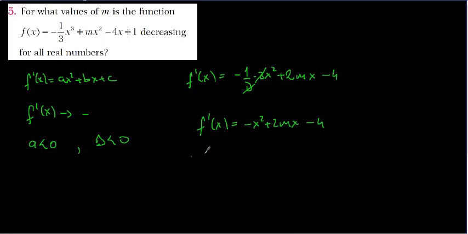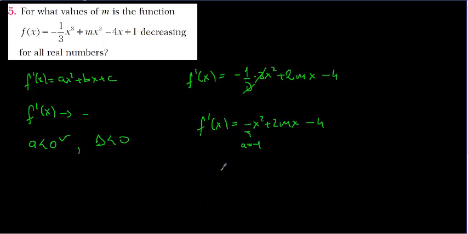And as you see here, the first condition is satisfied. If the function is decreasing, it means that a must be less than 0, and as you see here, the a value is equal to minus 1, and it's always less than 0.